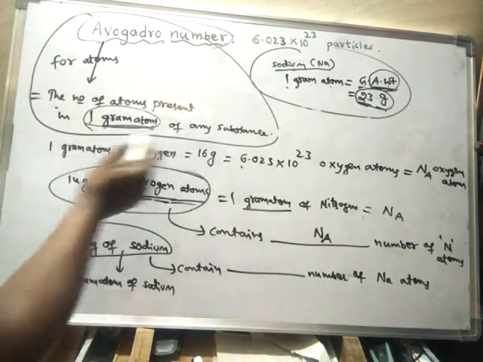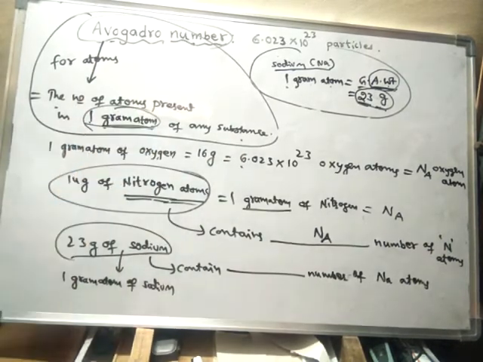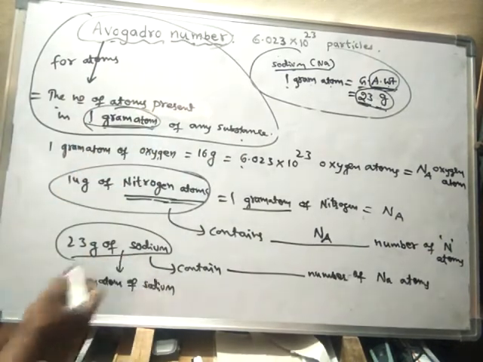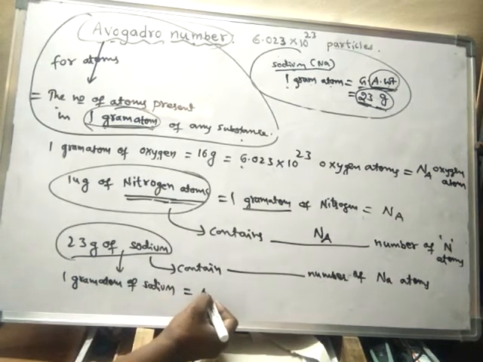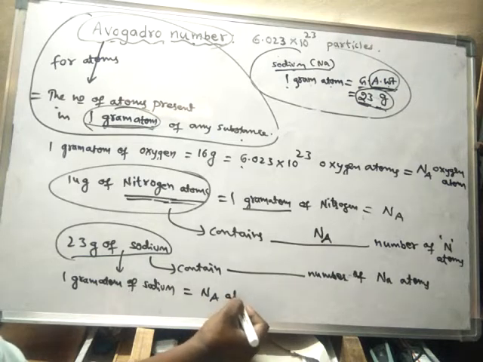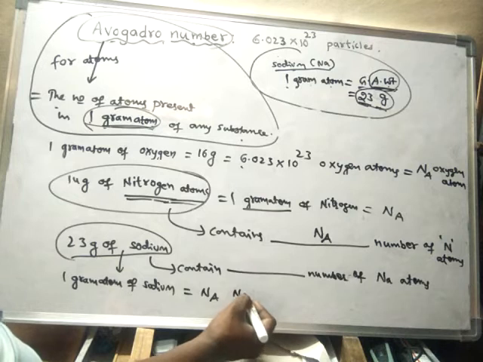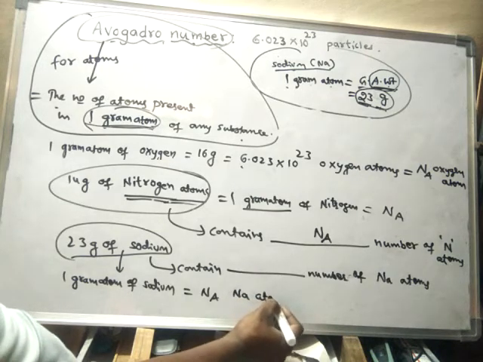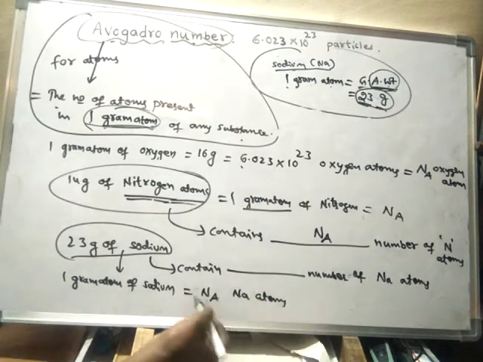Already we know that 1 gram atom of any substance contains Avogadro number of atoms. So 23 grams of sodium, which is equal to 1 gram atom of sodium, contains Avogadro number of sodium atoms. What is the value of Na?